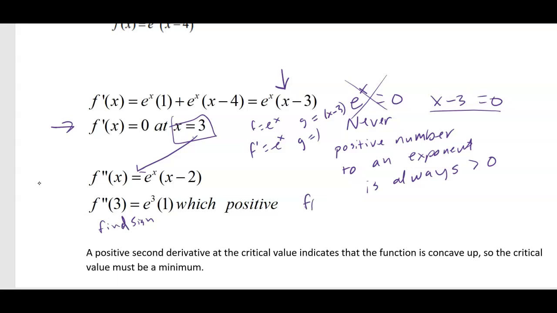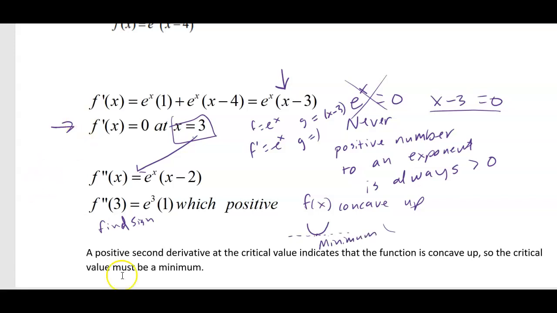That means f of x is concave up. So f of x has a shape generally like that. It doesn't need to be the whole thing; it could be just some little piece of that. But the shape is like that for concave up. And I already know, because I'm at a critical value, that the tangent line is horizontal. So I see that as a minimum. That is a local minimum.